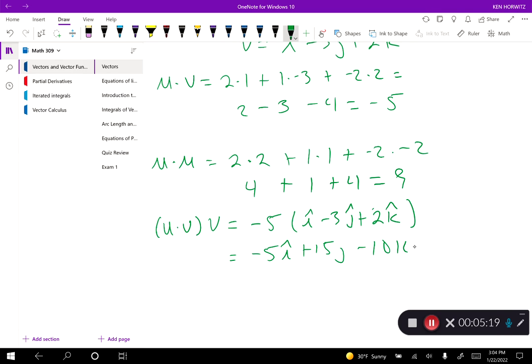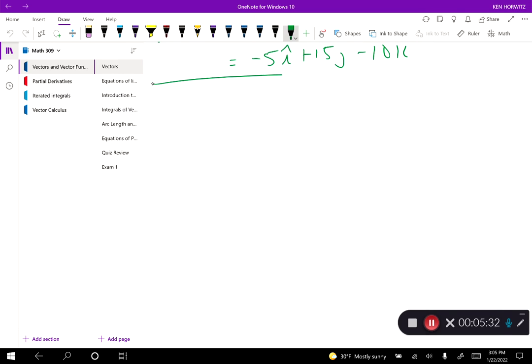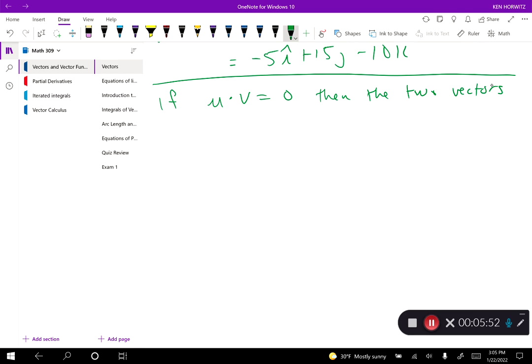Now that we've got a little bit of experience in how to do the dot product, we're going to talk about how the dot product gives you some information about your vectors. The first thing that we need to know is that if the dot product of your two vectors, u dot v, equals 0, then the vectors are orthogonal.